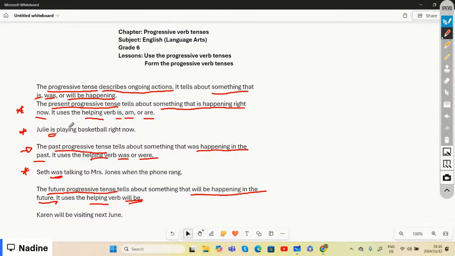All right. Before we go on to our example, it says the future progressive tense tells us about something that will be happening in the future, and it uses the helping verb of will be. If we look at an example of the future progressive tense, it says Karen will be visiting next year.